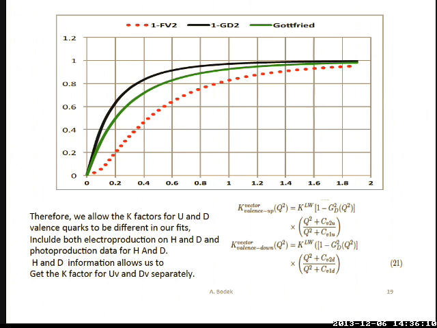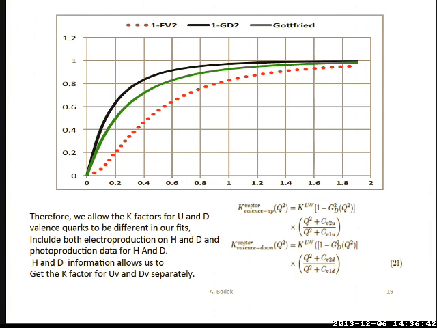But then at log Q squared, they have to be reduced to account for the fact that the elastic increases, so the sum is conserved. So you can say this is a k factor. As in our analysis, we said the k factor for u and d quarks has to be different. So I just use the form 1 as g dipole, which is this term, and put in some factors here to account for the fact that u quarks and d quarks should have different k factors.